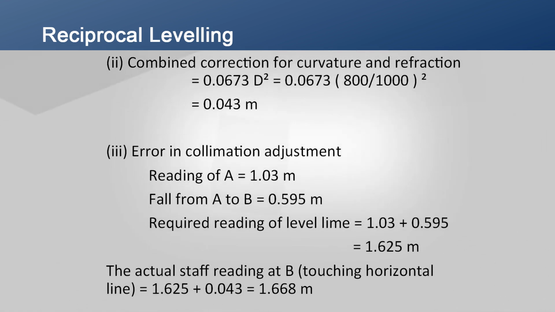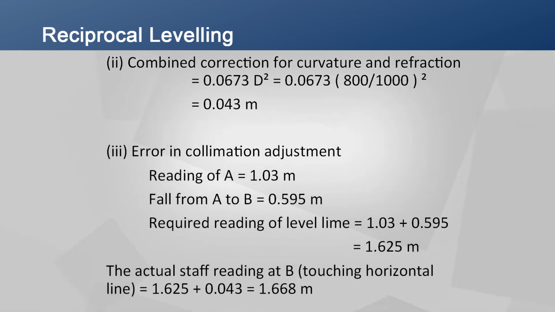As we know, the reading at A is equal to 1.03 meter, and we have found the fall from A to B is 0.595 meter. So, the required reading of the level line will be equal to 1.03 plus 0.595, which results in 1.625 meters.